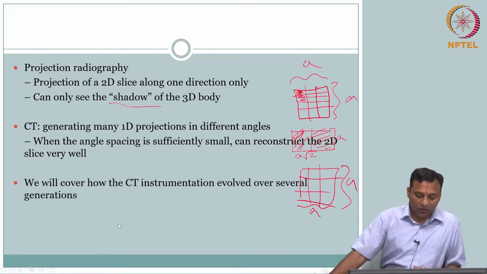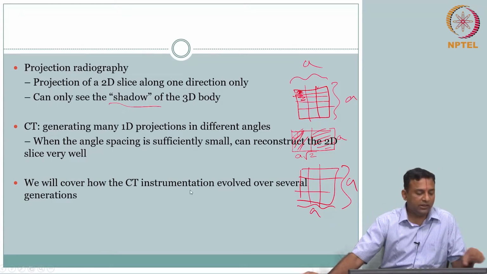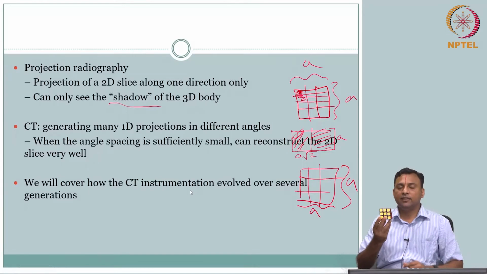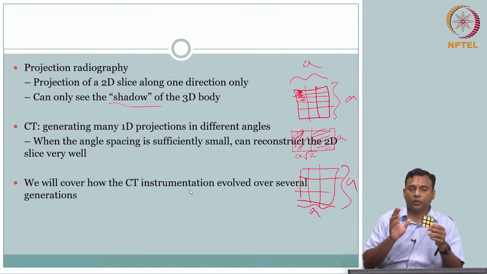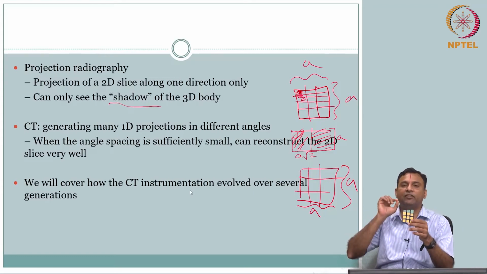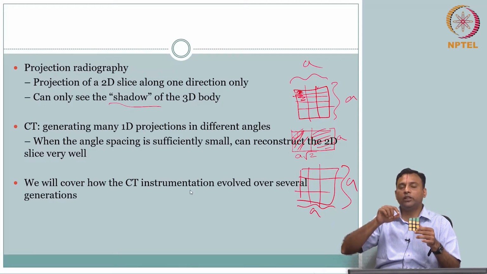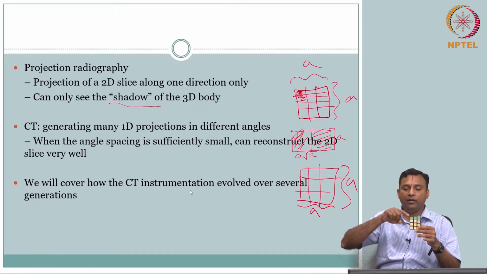Okay, so what we will cover is very factual material. So this is the logic. Until projection radiography, what we covered is the physics: you send on one side, you receive on the other side, and along the path there is attenuation. Now the objective is, I am not happy with just the attenuation along this path.